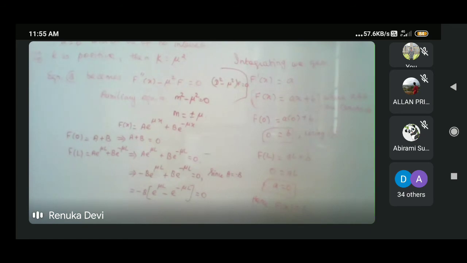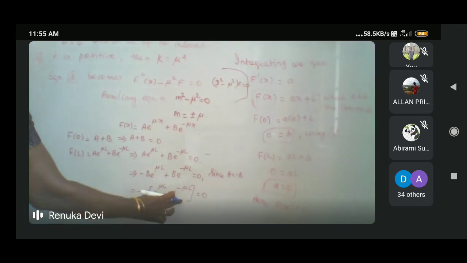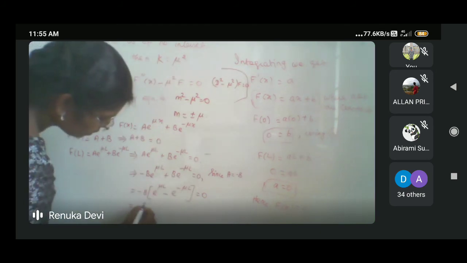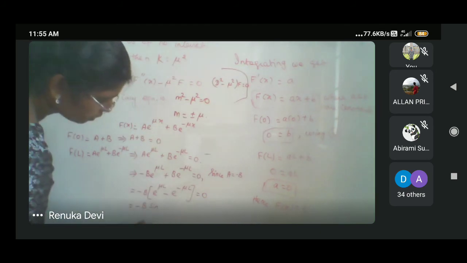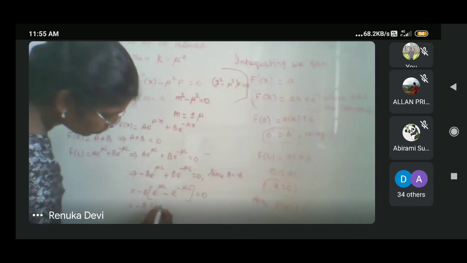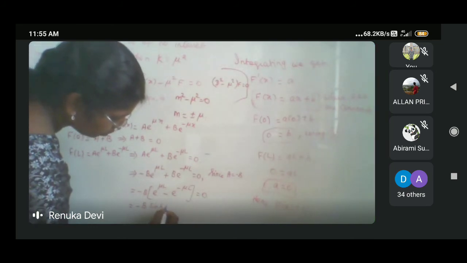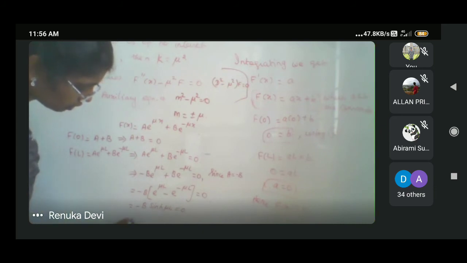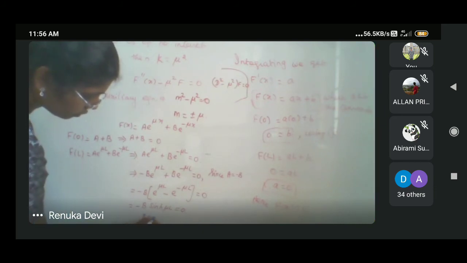This is minus b into sinh of mu L. And this L is never 0, and therefore this term will not be 0. Therefore b will be 0.